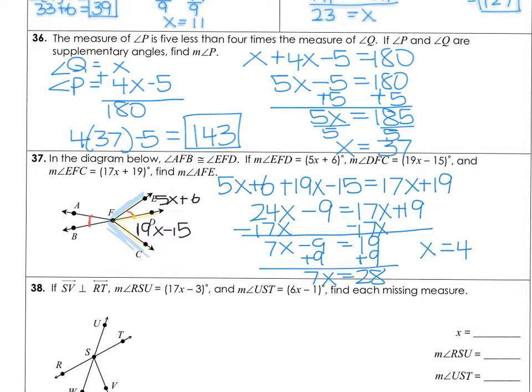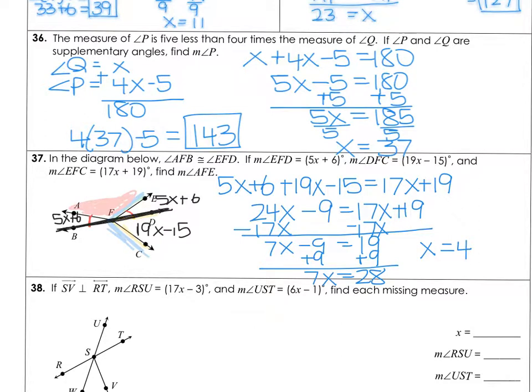It wants to know this angle here, AFE. So, if we look, I'll write in black. I know 5x plus 6, and this is 5x plus 6. And the red angle, all added together, because this is a straight line, are going to equal 180.